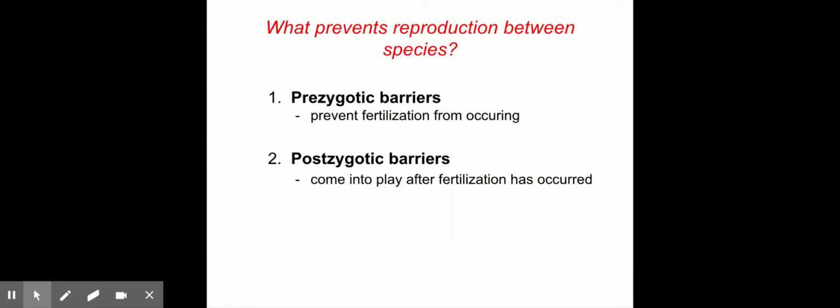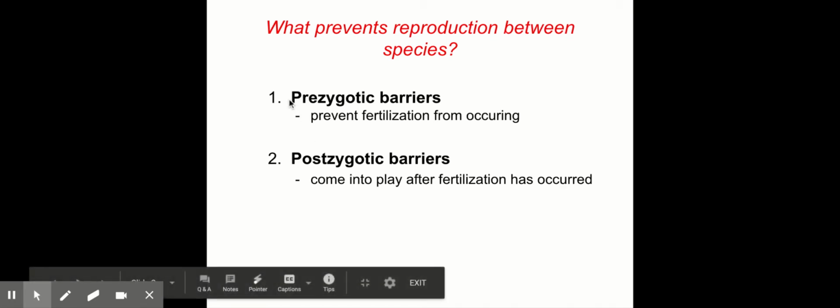So keeping in mind that we're defining species as groups of interbreeding sets of organisms, and they can produce fertile offspring, what are the mechanisms that prevent organisms of different species from mating with each other or from reproducing successfully? And we have two primary mechanisms for preventing reproduction, and we can divide these into two groups. We've got prezygotic barriers to reproduction.